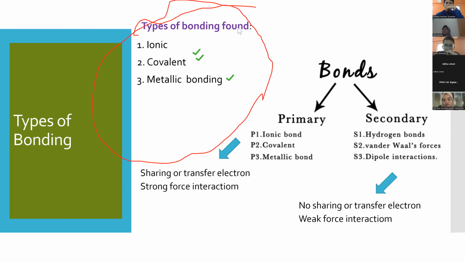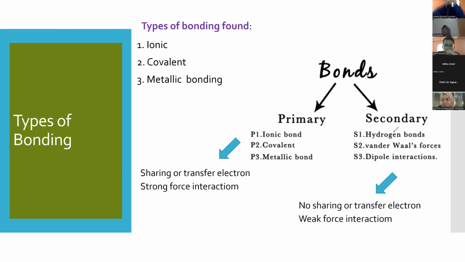What is the difference between primary and secondary bonding? Primary bonding is divided into ionic bond, covalent bond, and metallic bond. The secondary bonding is hydrogen bond, van der Waals force, and dipole interaction.